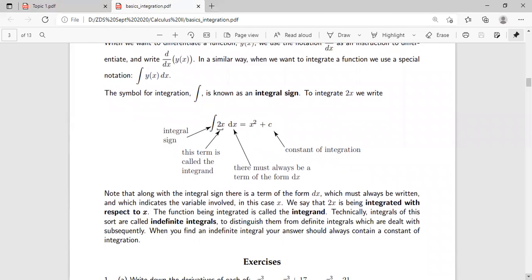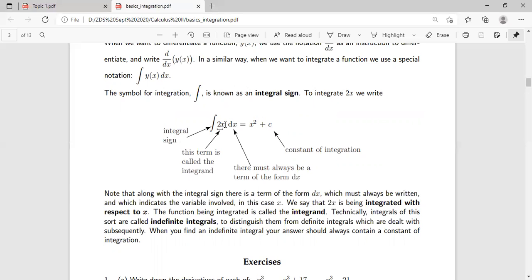Note that along with the integral sign, there is the term dx, and this must always be written. We say that 2x is being integrated with respect to x because our function is a function of x.